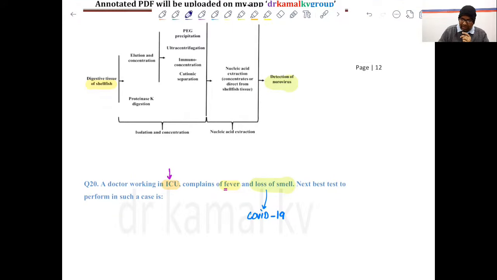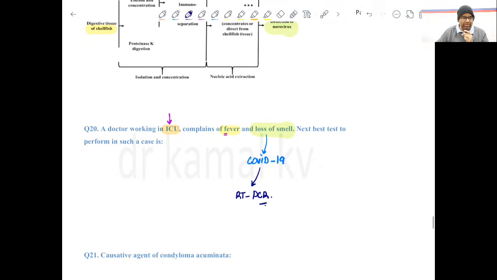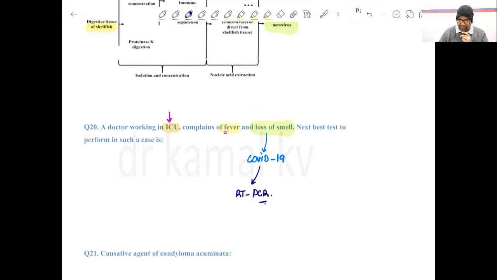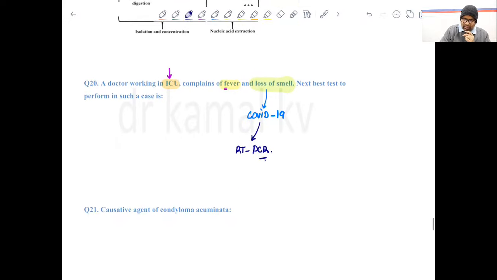So this is COVID-19, and for COVID-19 the best is RT-PCR from the nasopharyngeal swab. So RT-PCR here. Very good. Rizwan, Aditi, very good.